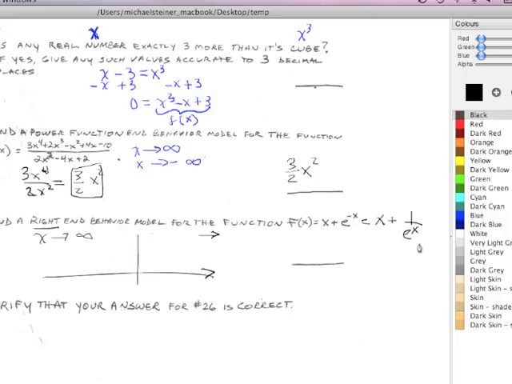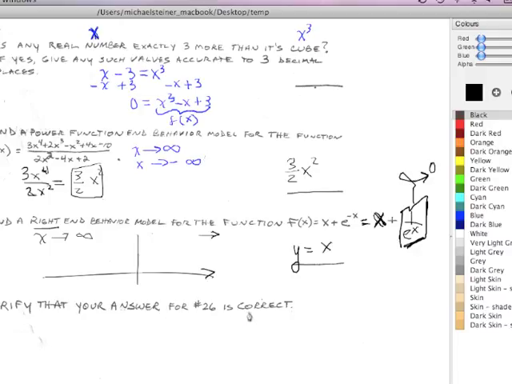Well, as x gets larger, this term right here goes to 0, and we eventually just become more and more like a line. So I would say the right end behavior model is like y equals x.